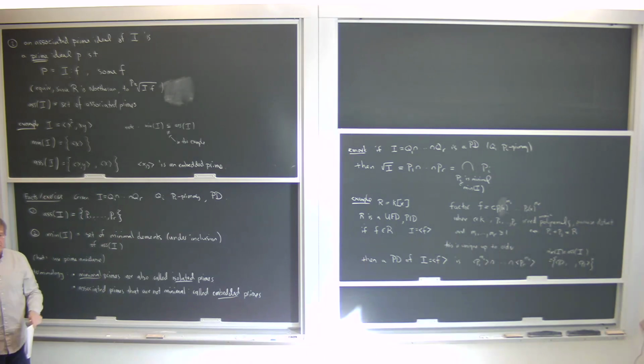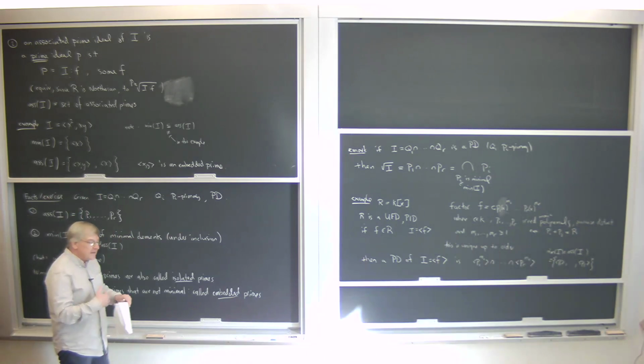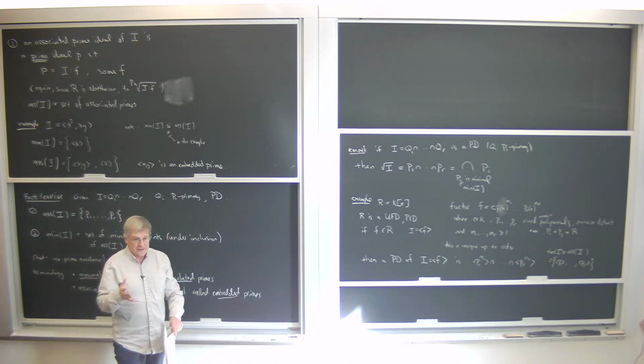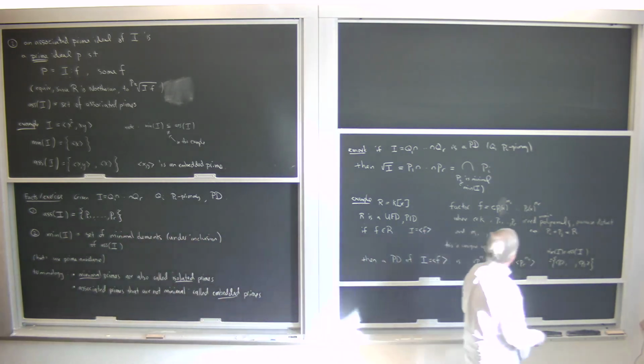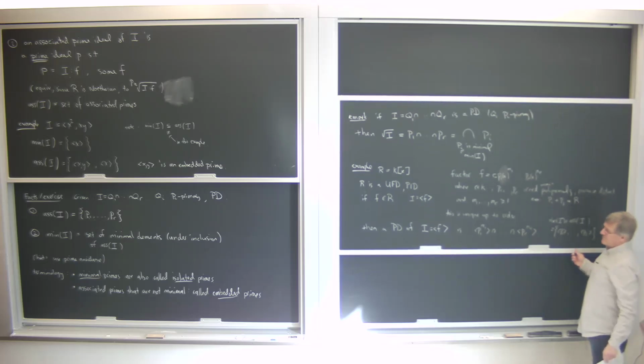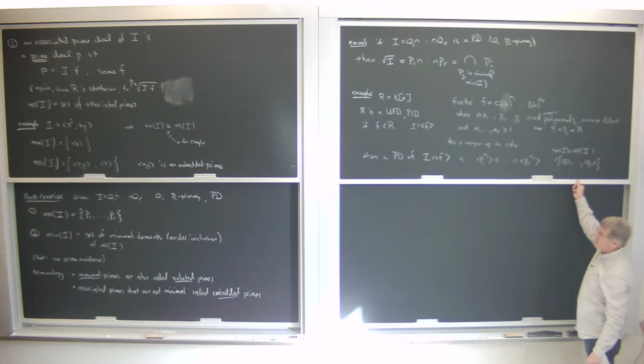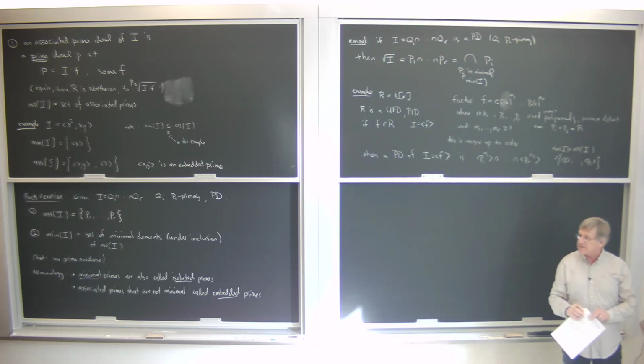Using ideal quotients, you can prove that that primary ideal Q corresponding to it is unique as well. So it's only the embedded primes that have this non-uniqueness associated with it. And there's even more you could really say about uniqueness of it, but it's not really relevant for what we're doing. So we're going to leave it out. Any questions about this stuff so far?